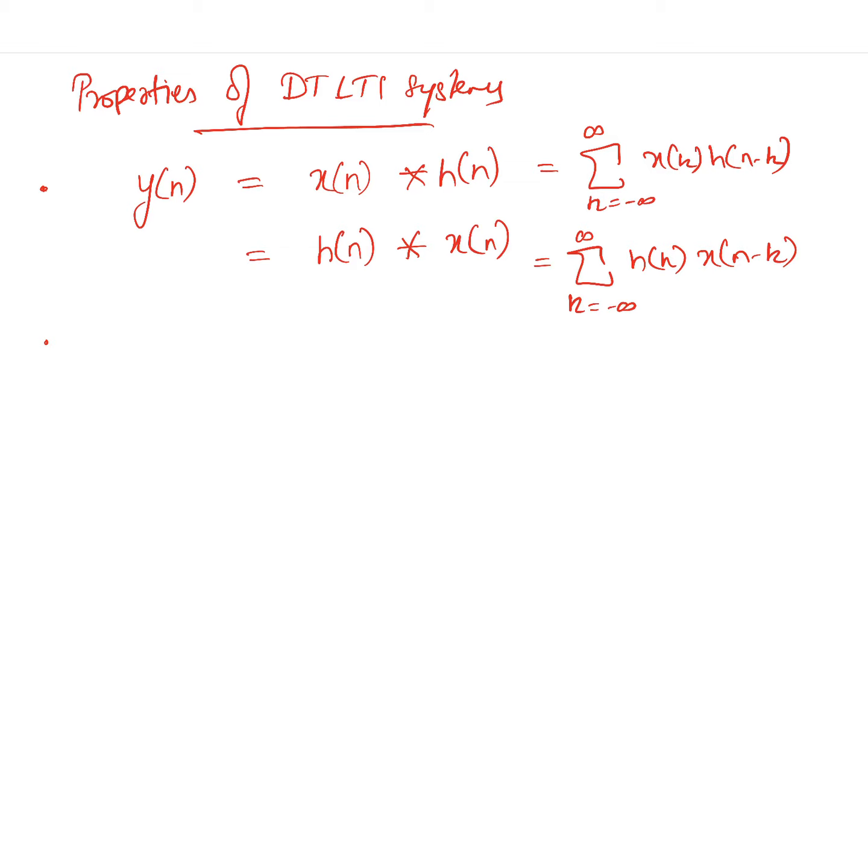Okay, so the second property is that it distributes over addition.